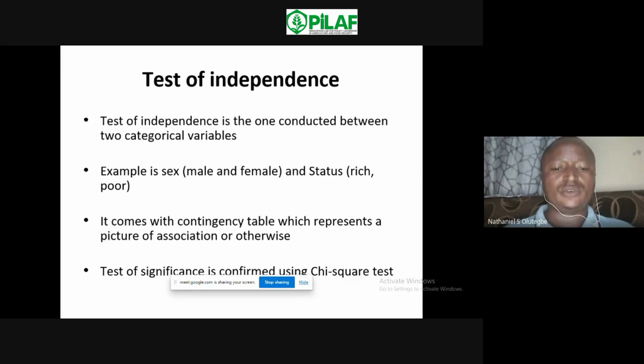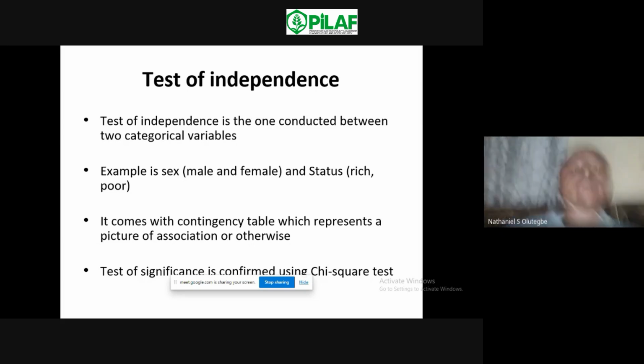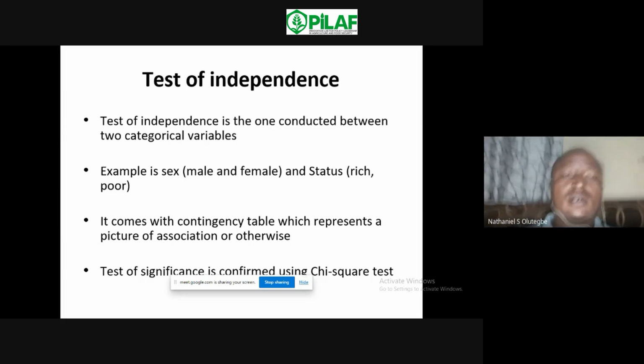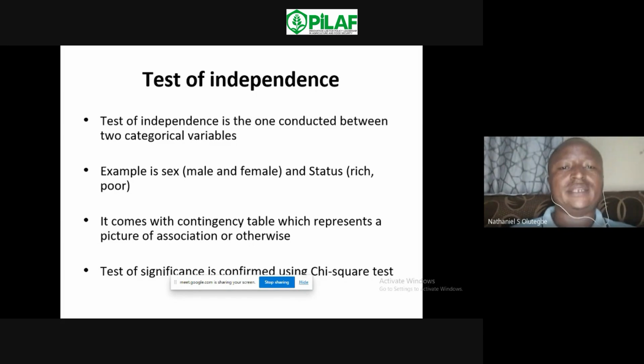And so in order to conclude whether or not there is significance, whether or not there is dependence, what is done is referred to as chi-square test.